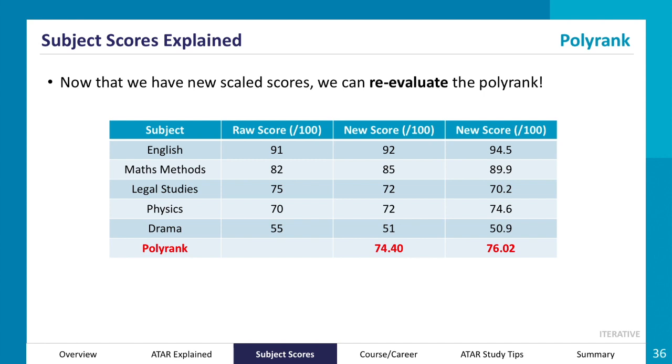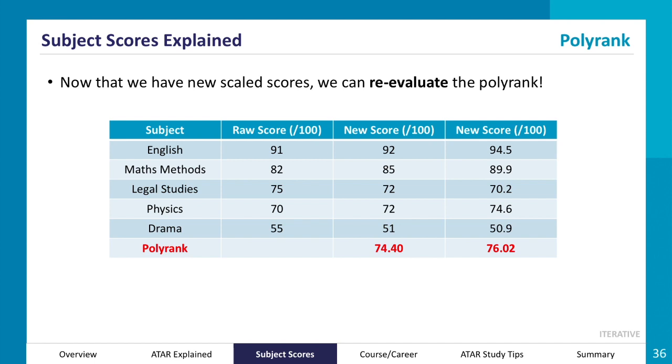Remembering that the Polyrank is the average of your top 5 scaled results. So now that we have new scaled results, we can recalculate the Polyrank. And in this case, for example, the Polyrank for this particular student might have changed from 74.4 to 76.02.